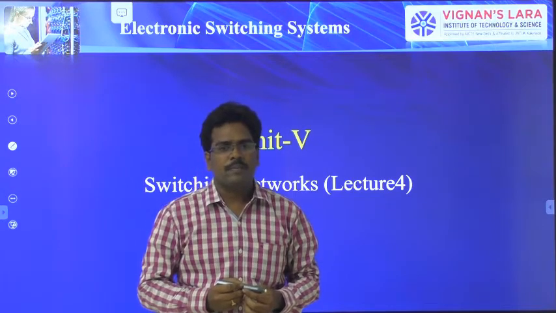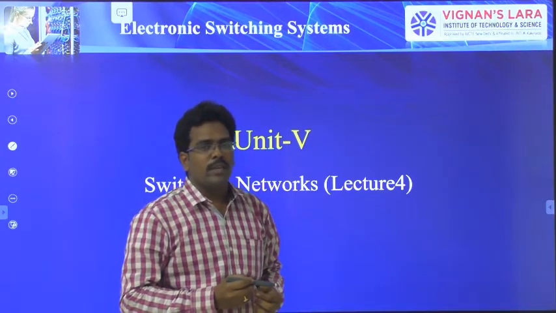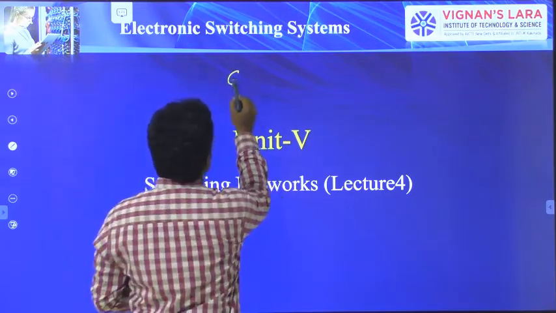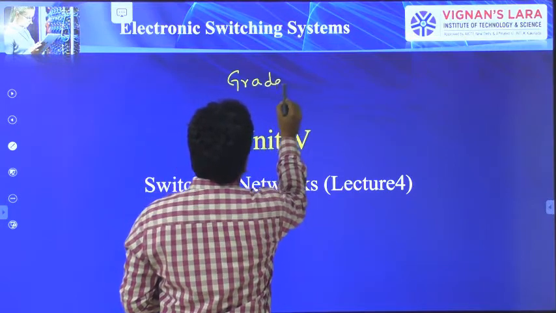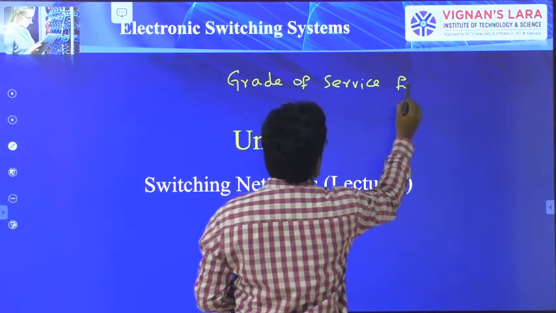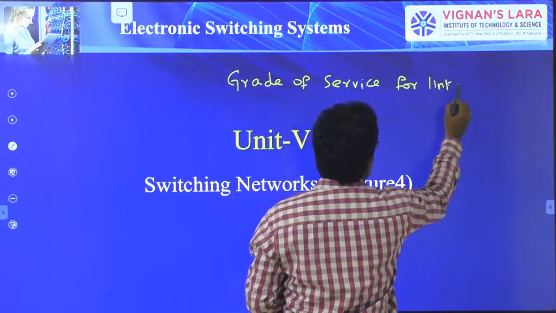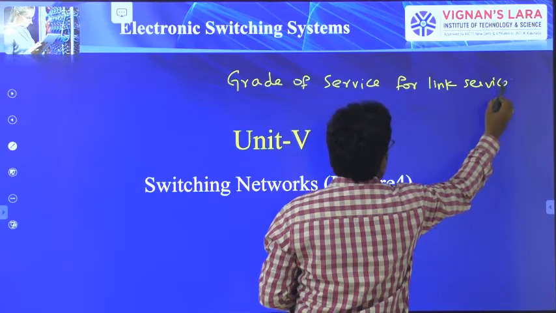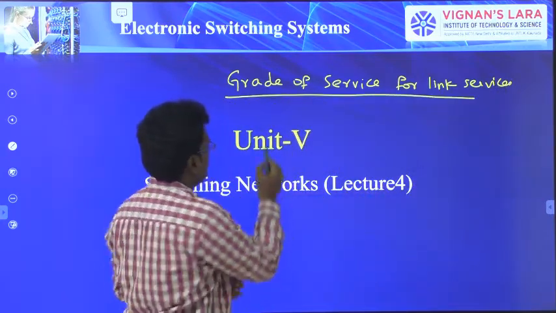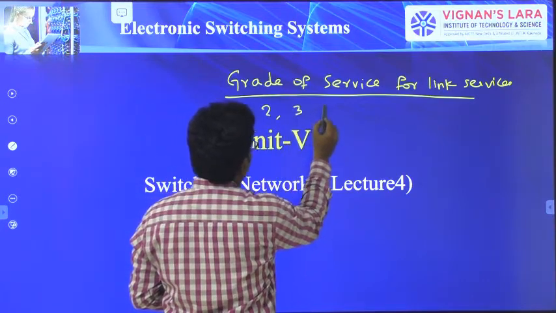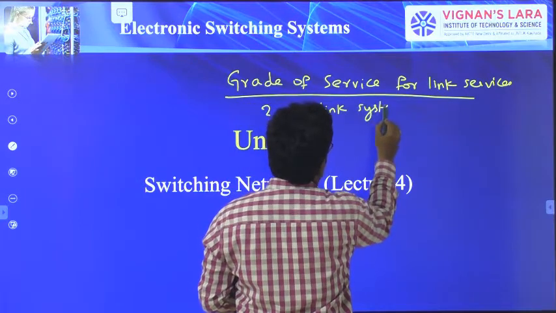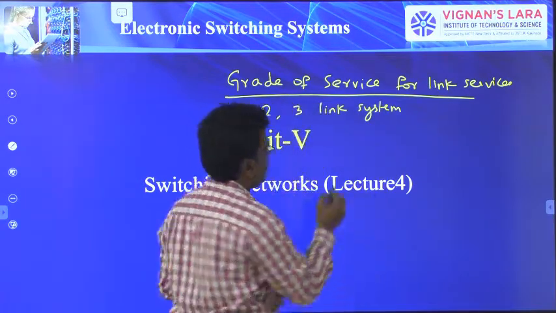Good morning, students. In the last class, we discussed grade of service for link services. In that, we discussed how to find the blocking probability for 2-stage and 3-stage link systems in different modes.